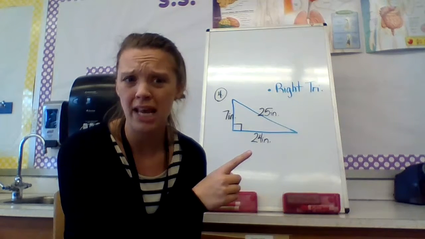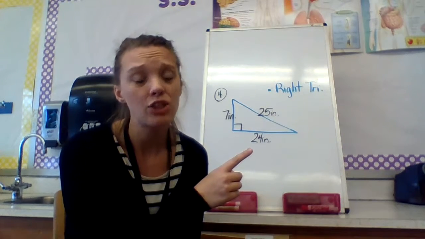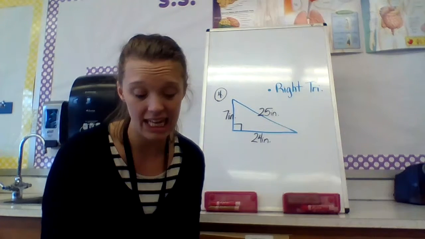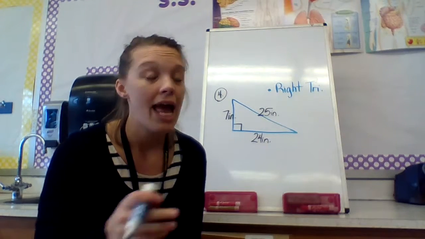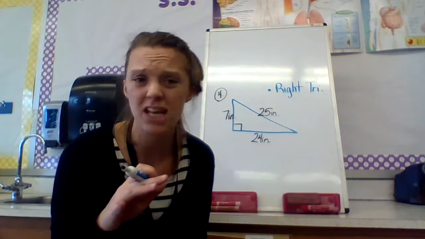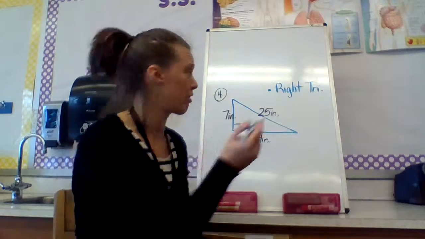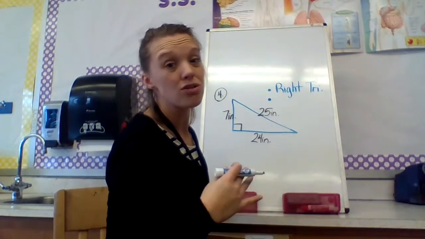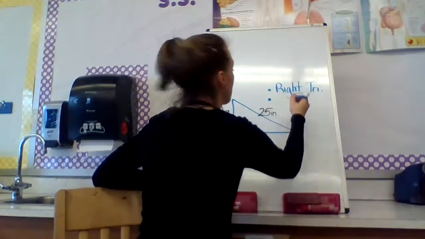None of those are the same. So if you're using my little cheat sheet, you can reference it and see that a scalene triangle has no congruent sides. None of the sides are the same length. So not only is this a right triangle, it's also considered a scalene triangle.